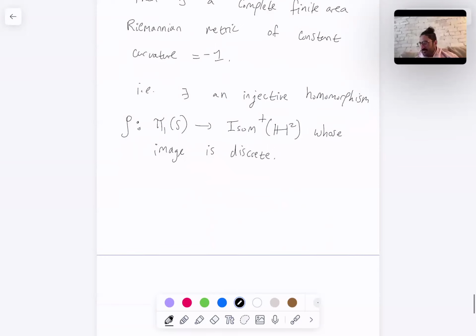Okay, and so what this means is, you have some map that takes every element of the fundamental group into the group of isometries of the hyperbolic space.